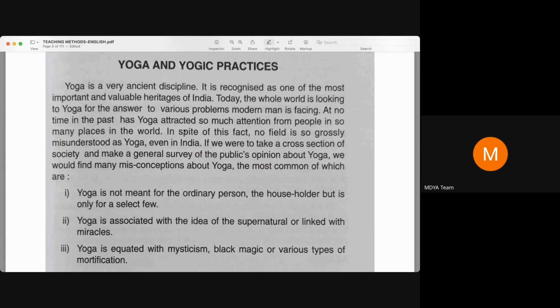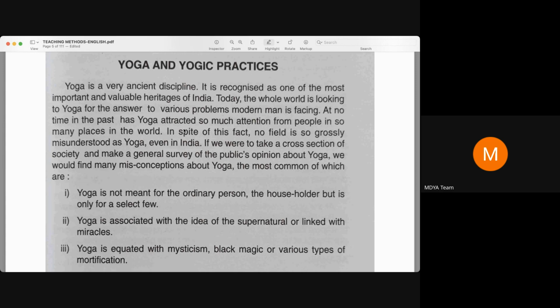It's an art, it's a science also, because it is the answer to various problems the world is facing today, a single individual is facing, our society is facing, our country is facing. At no time in the past has yoga attracted so much attention from people in so many places in the world.